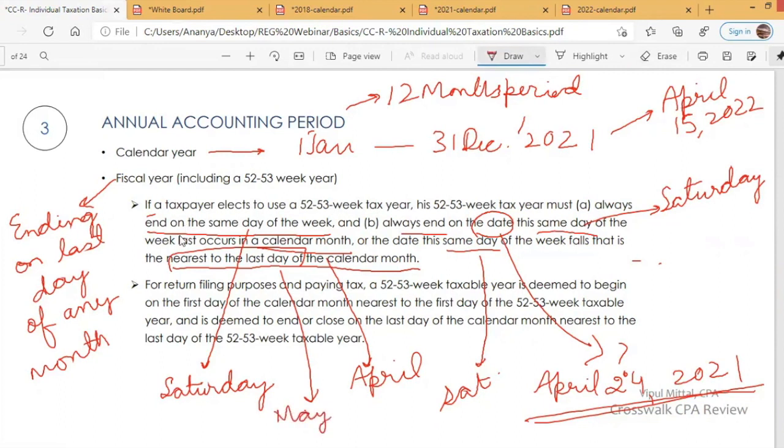May 1, 2021. Now let's read this again. If you elect to use a 52-53 week tax year, your 52-53 week tax year must always end on Saturday, for example, and always end on April 24th, 2021 or May 1st, 2021. All right.